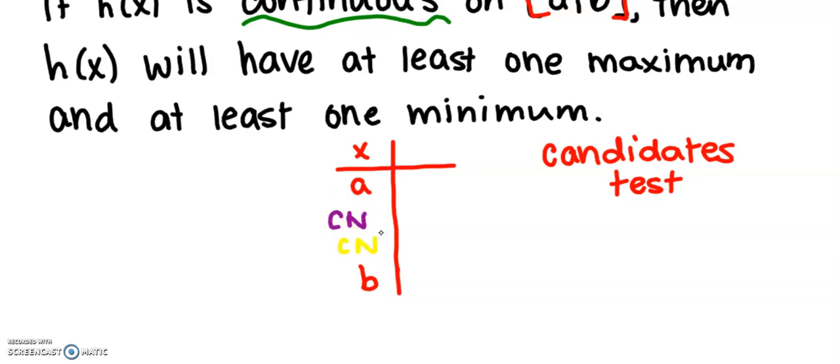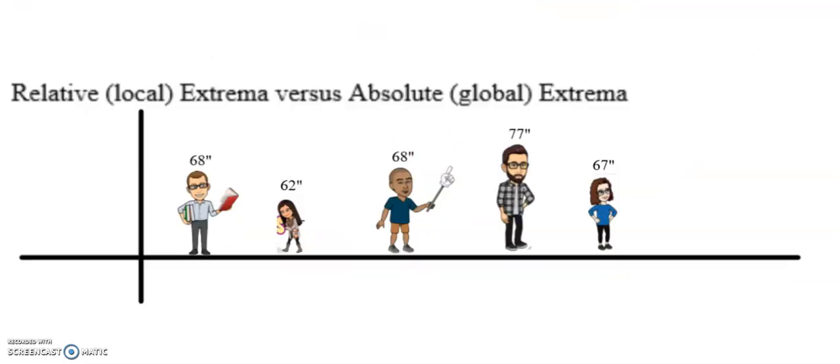And remember, those critical numbers are where important things are happening. They become candidates. They could be because f prime is equal to 0, or they could be because f prime was undefined, but those become candidates for where a maximum or minimum could occur. Then what we do is we take those candidates and we go back to the original function and we figure out what all of these heights are, and we'll compare which one is the tallest, which one is the smallest.